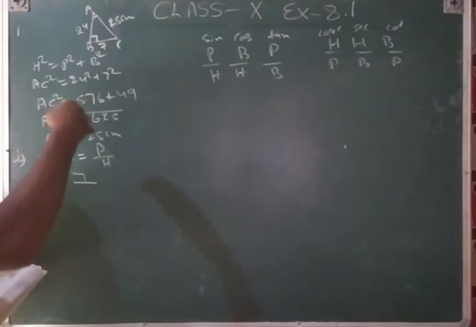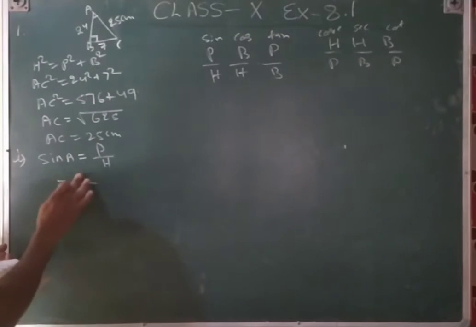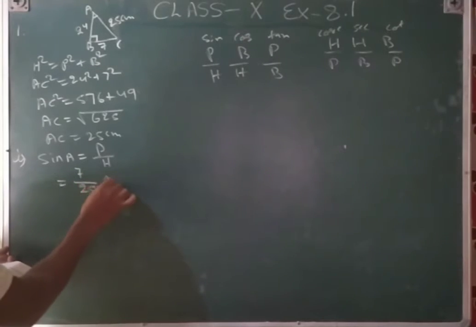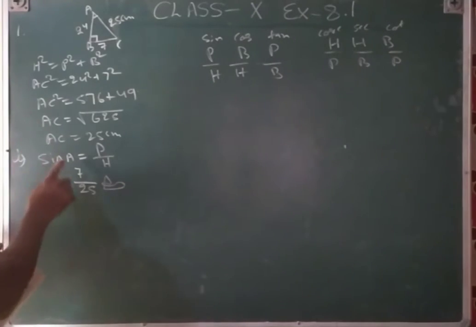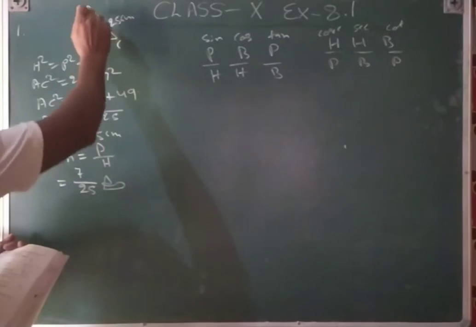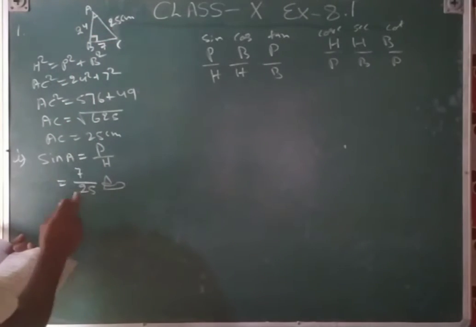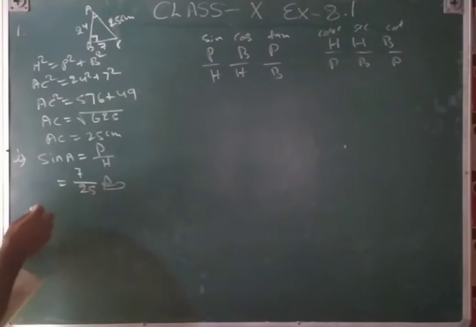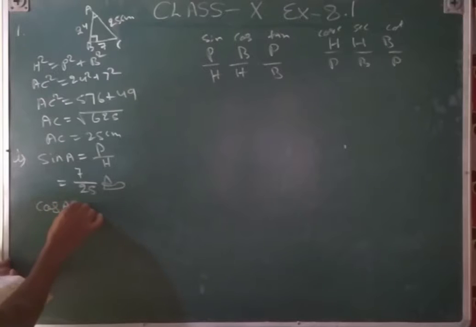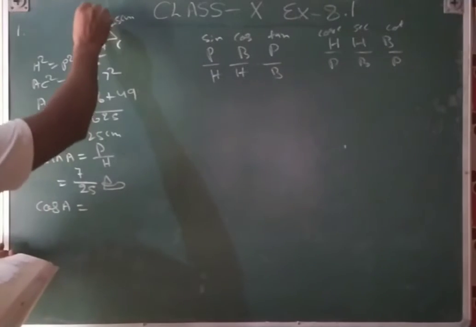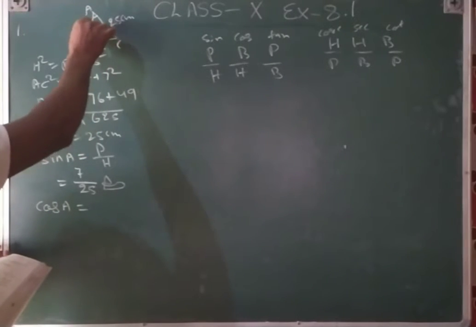And the hypotenuse does not change, it is always the same, so that is 25. Again I am repeating: when you see angle A, the side opposite to the angle you are looking at will be the perpendicular. And then cos A, if this is the perpendicular, then this will be the base.